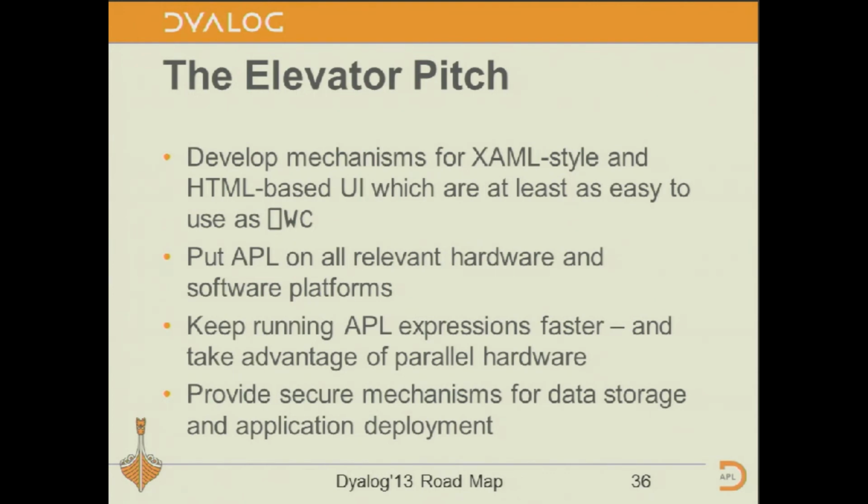We want to continuously work on making APL expressions run faster and faster, and in particular take advantage of parallel hardware. And we want to also do the thing that nobody really wants to talk about, but which you're all going to have to face up to if you move into this web-based application structure.